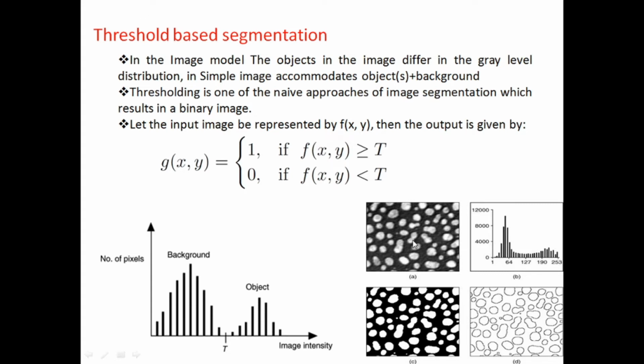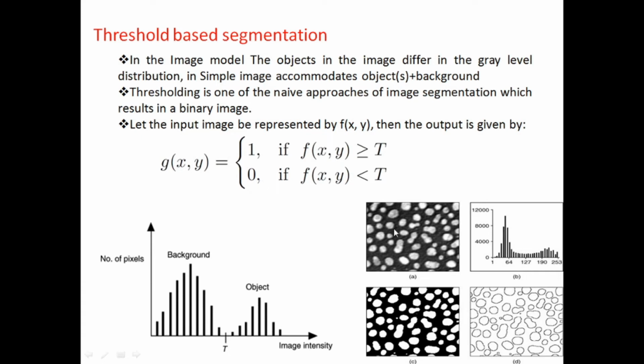Because it is a grayscale image, as I have said, each and every pixel may vary and give an intensity starting with 0 and ending with 255. That means between the 0 to 255 range, the objects in the image may have any kind of variation in their intensities. So thresholding is one of the important approaches for image segmentation, because it ultimately results in the binary image.